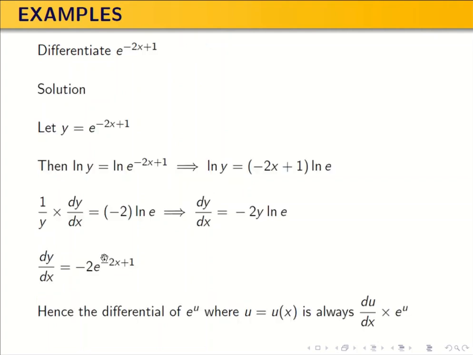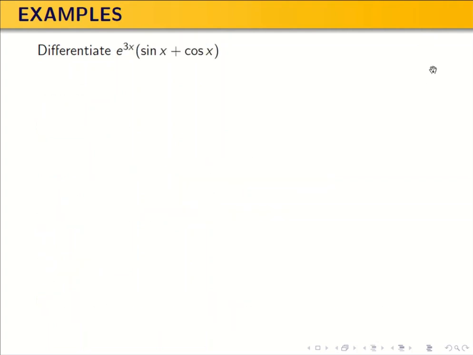Okay, same thing applies here. Let's look at this: differentiate e to the power 3x into bracket sine x plus cos x. How do I differentiate this? This is how you go about it. You use the product rule, since there is a function of x multiplying another function of x.